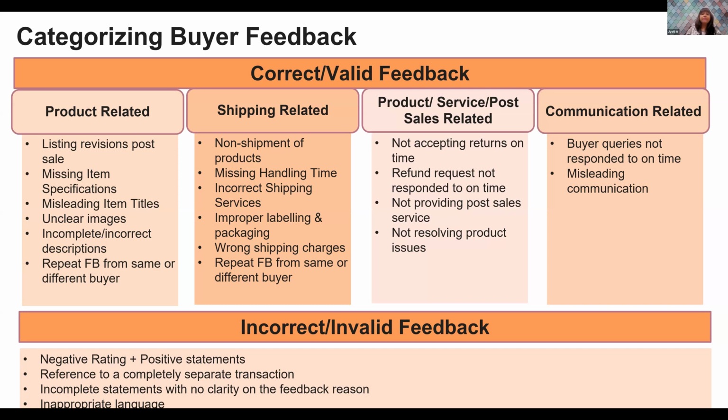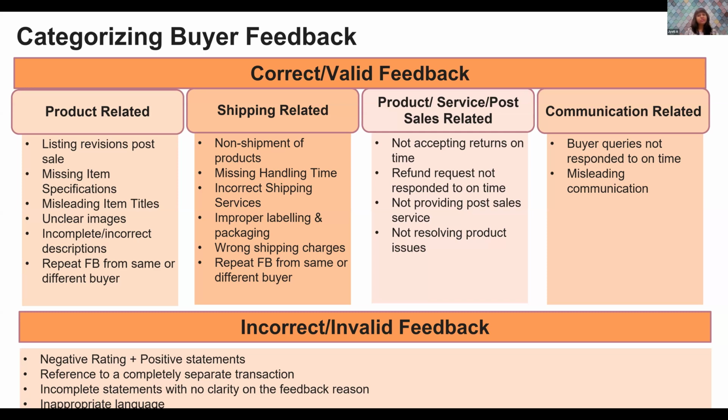It helps you to identify areas of improvement on product, shipping and delivery, customer service, and product quality. It also helps you understand the overall satisfaction, and take necessary steps when multiple buyers are complaining about late deliveries, right? So analyzing or categorizing your feedback is going to help you do much more.